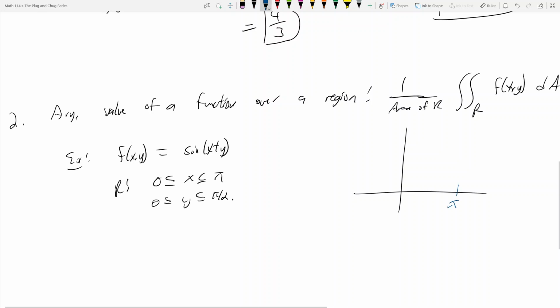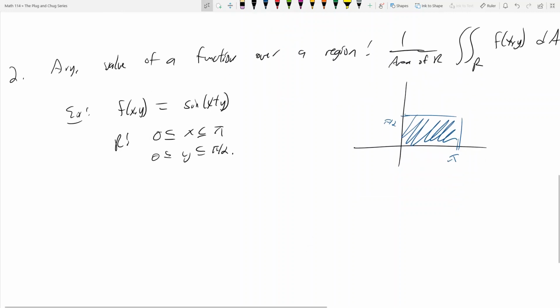So if that's pi, then this is pi over 2, and it's this region right here. So the area is going to be, right, it's a rectangle, so it's pi times pi over 2, which is pi squared over 2.